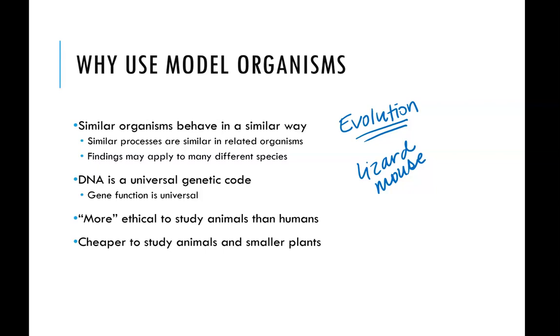And the reason for this, related to evolution, is that DNA is a universal genetic code. So we're going to spend a lot of time talking about DNA and how DNA works, how it actually does things in our body. But the important thing about DNA is that all living organisms have the same genetic code, meaning the same few letters, A, C, T, and G, are the language of all the genetic codes in all living organisms.